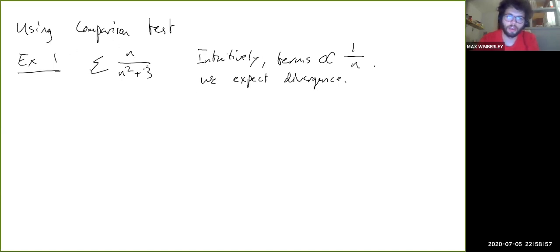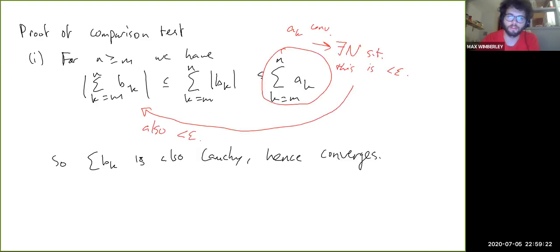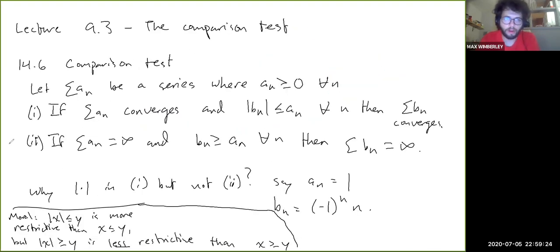In general, when you come up with a simple expression which helps you analyze whether it's converging or diverging, you'll be able to use the comparison test to compare this series to something related to this, although not exactly this expression. Because if we expect divergence, let's go back to the statement of the comparison test. We want to be using part 2 here, okay?